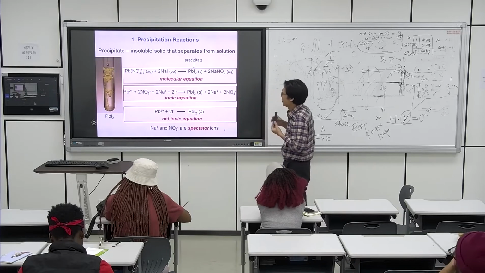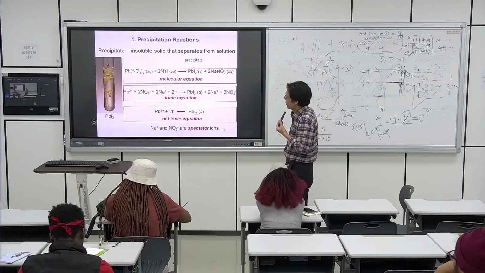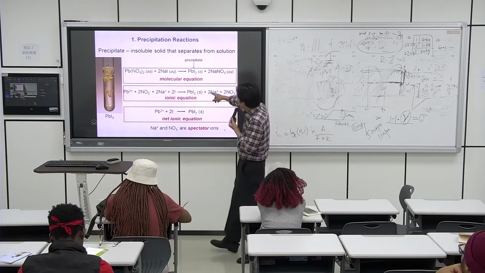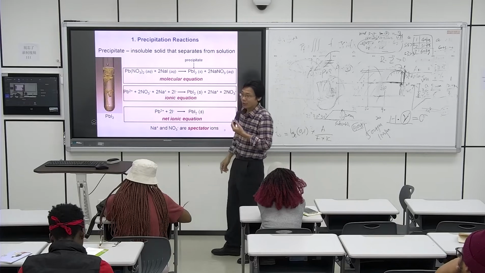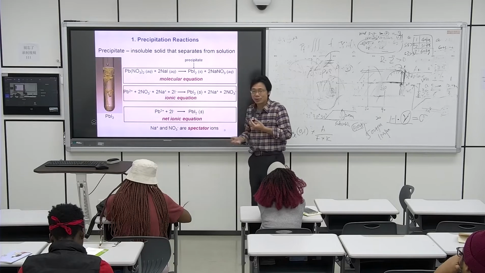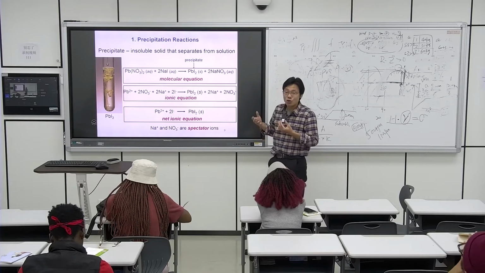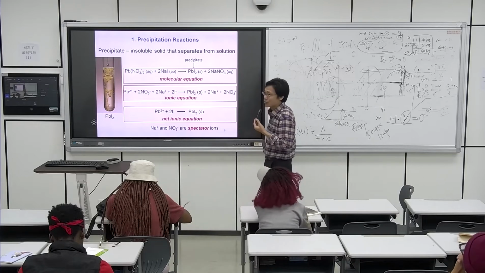Okay, first one, precipitation reactions. Precipitation reactions means the product should be some solid. In aqueous solution, after the reaction, you can find some solid product. This kind of reaction is called a precipitation reaction.